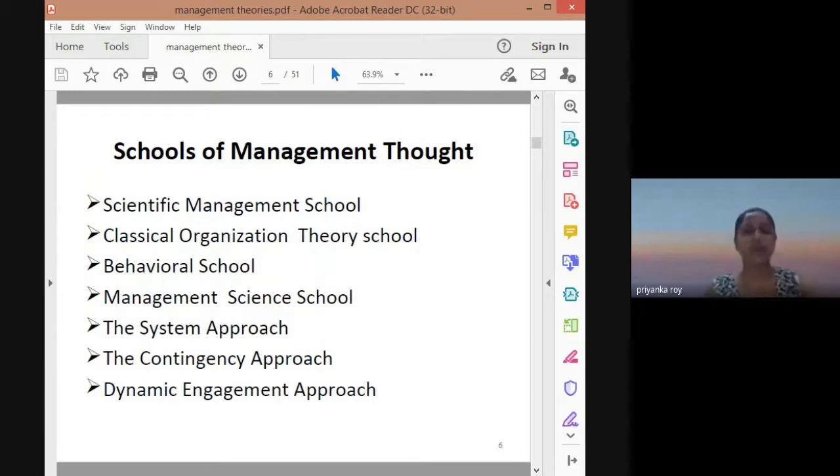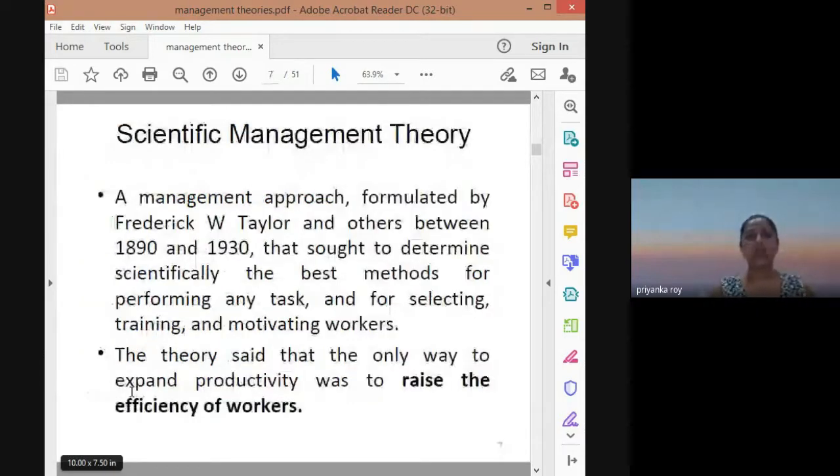Okay, so there are several management theories, like the seven management theories being explained. First, the scientific management theory. The scientific management approach was formulated by Frederick W. Taylor, and he was one of the first to study work performance scientifically.